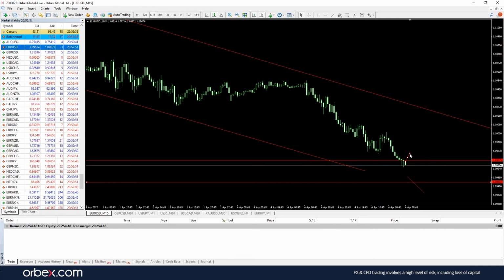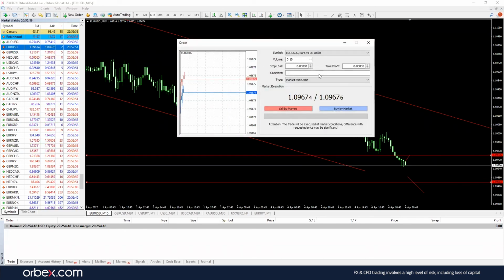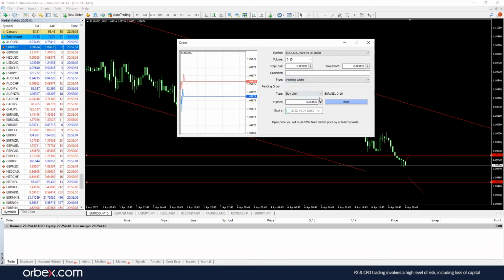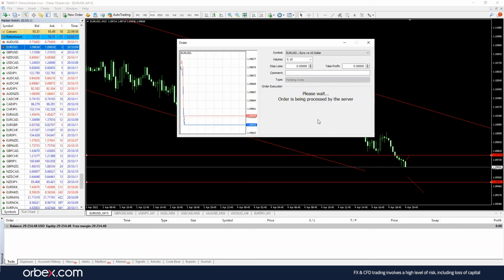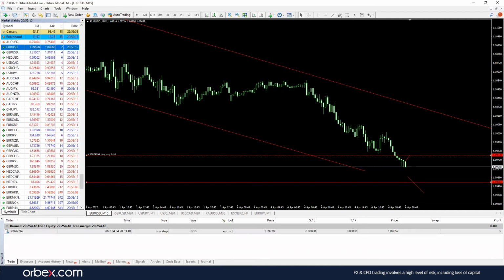So with that being said, let me put that in. Let's just try them out. Pending order, buy stop at 1.0977. I'm going to place that. So there we go.